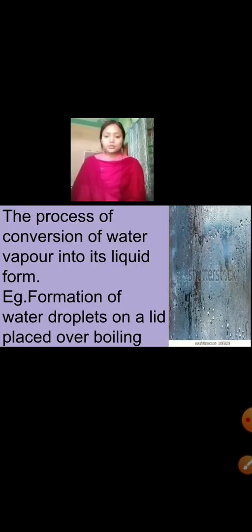Now here, the process of conversion of water vapor into liquid is known as condensation. What is condensation? It is the opposite of evaporation. In evaporation, what was going on? Water was converting to water vapors.